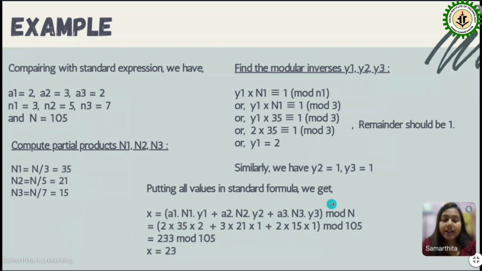When we divide 233 by 105, we get the value of x as 23.